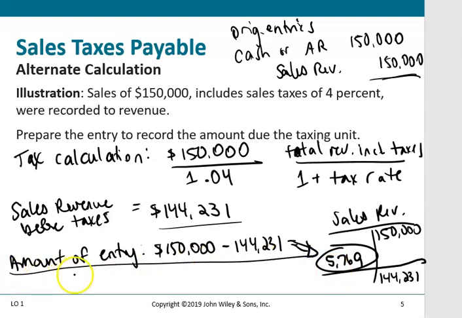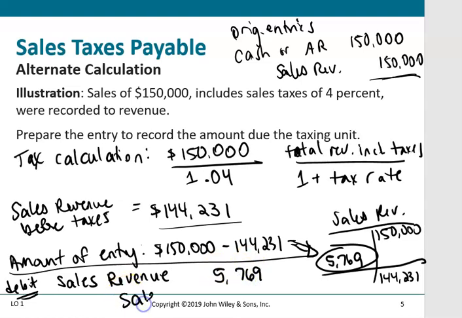So the entry is going to be an adjusting entry. We're going to debit sales revenue. Now that should look strange. We've never debited sales revenue before, except if we had a return of merchandise or an allowance that later on reduced revenue. So we debit sales revenue to reduce revenue for $5,769, and we credit sales tax payable to increase that liability, the amount owed for sales taxes.